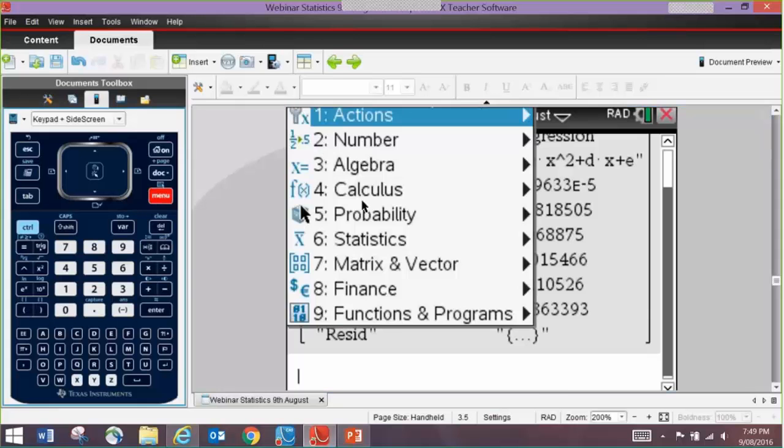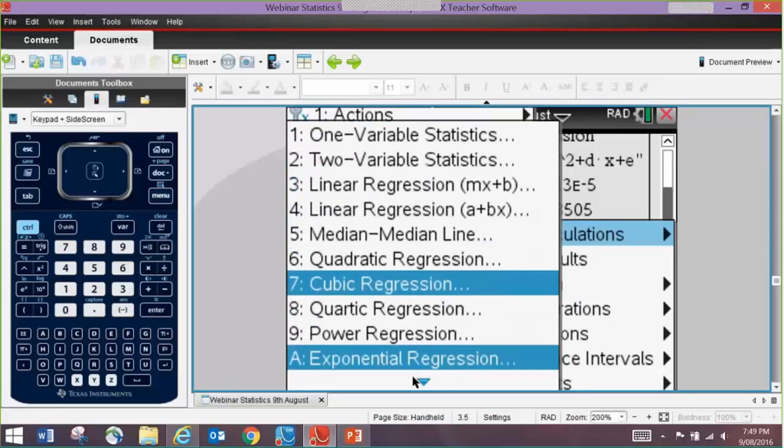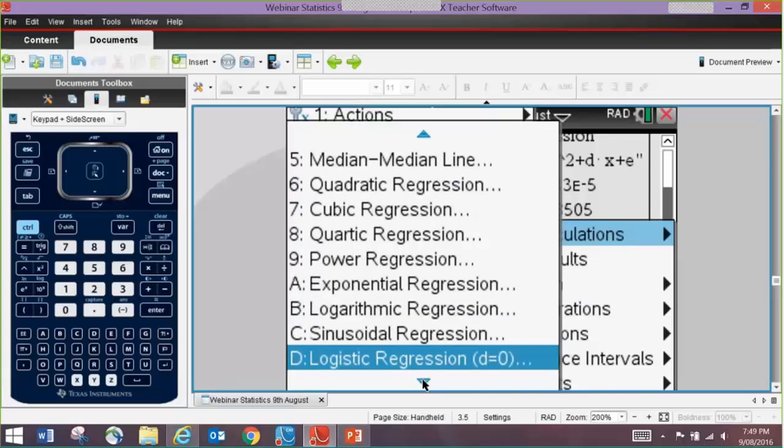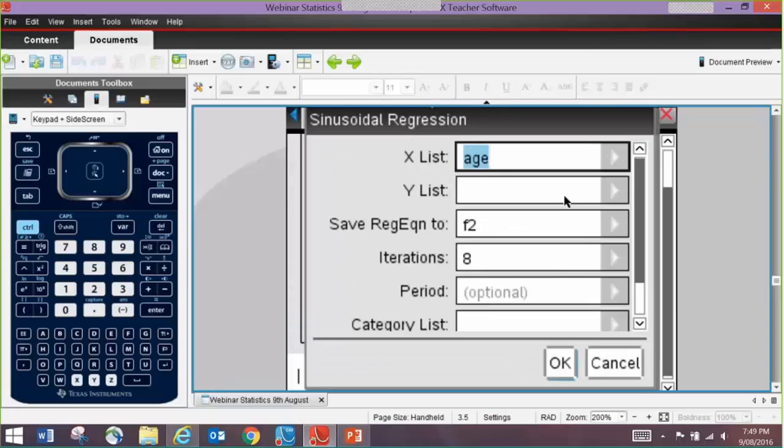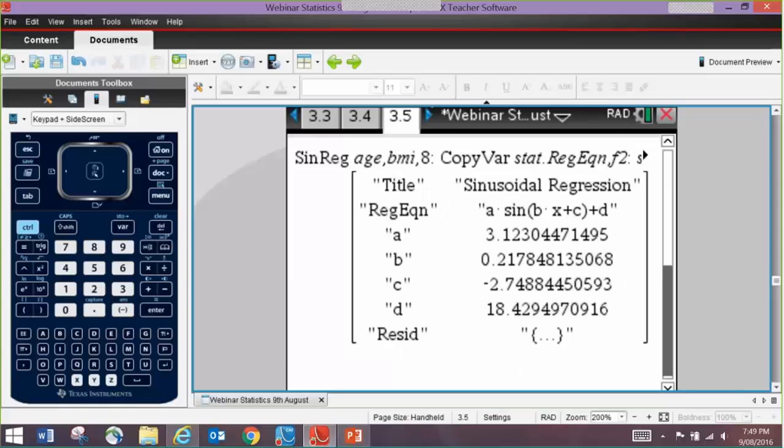So we can do the sinusoidal regression there, and in this case we don't get an R squared measure. So if the students do in an exploration go off and do a sinusoidal regression, then they will have to do some measurement of some sort to work out whether or not it was a good fit for the data.